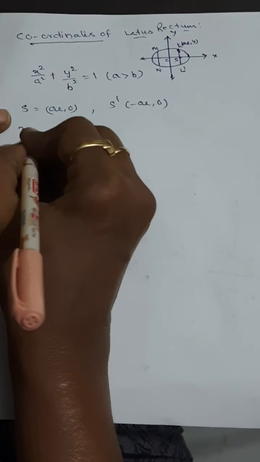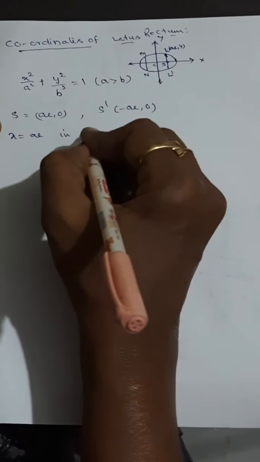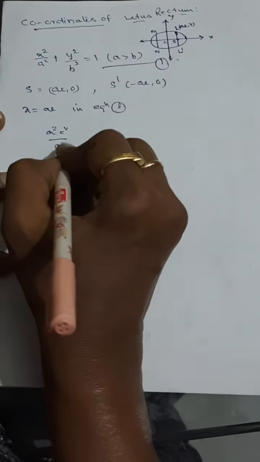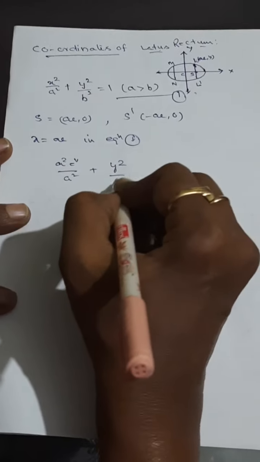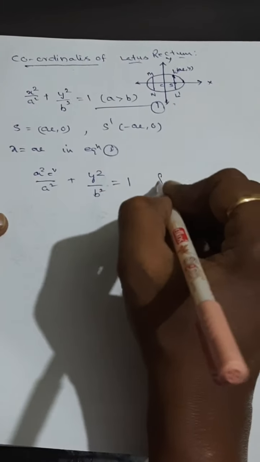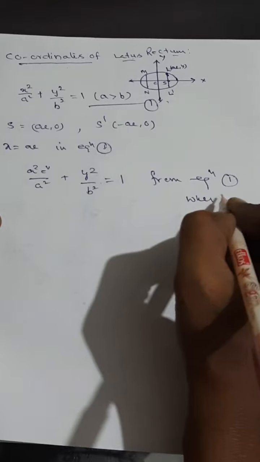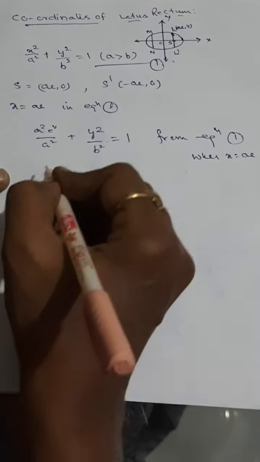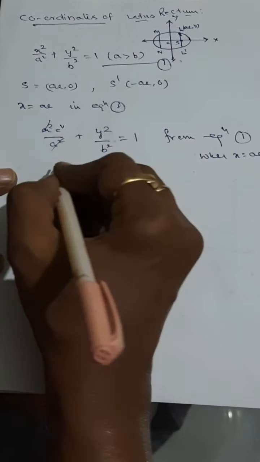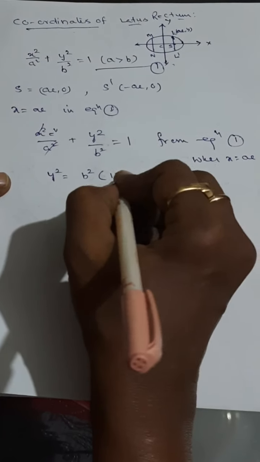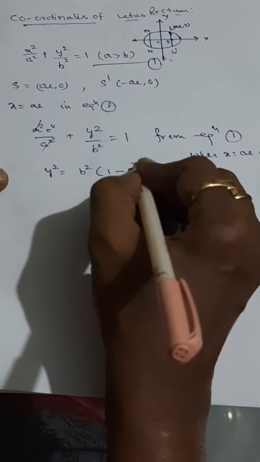Put x is equal to ae in equation 1. So x square means a square e square by a square plus y square by b square is equal to 1. By cancelling a square, y square is equal to b square into 1 minus e square.